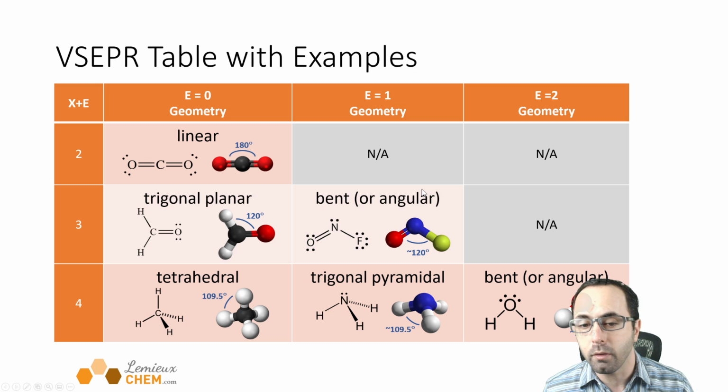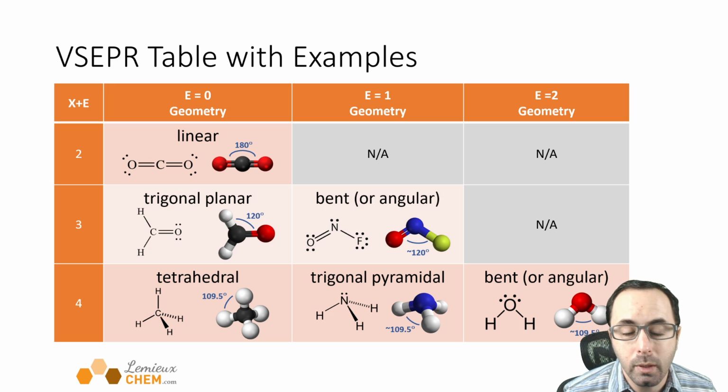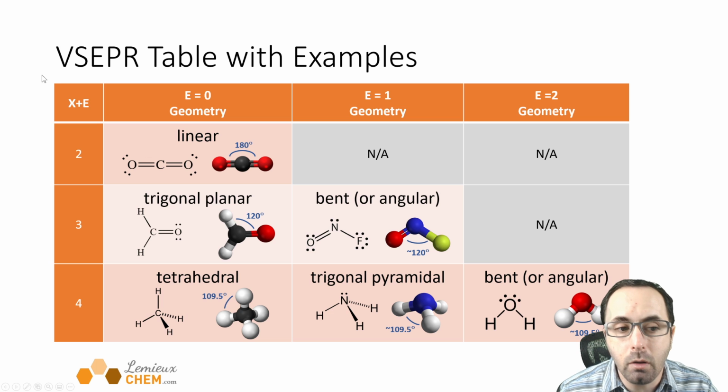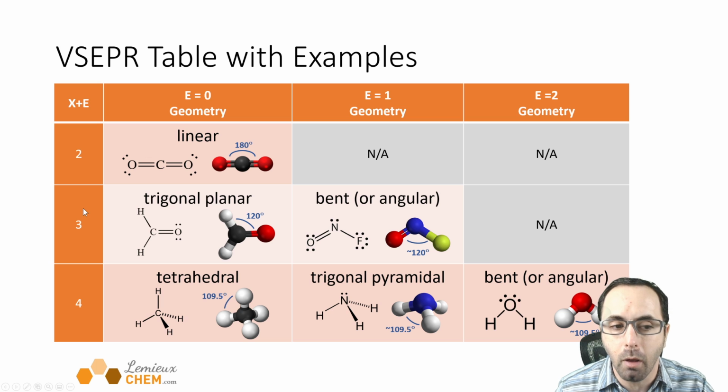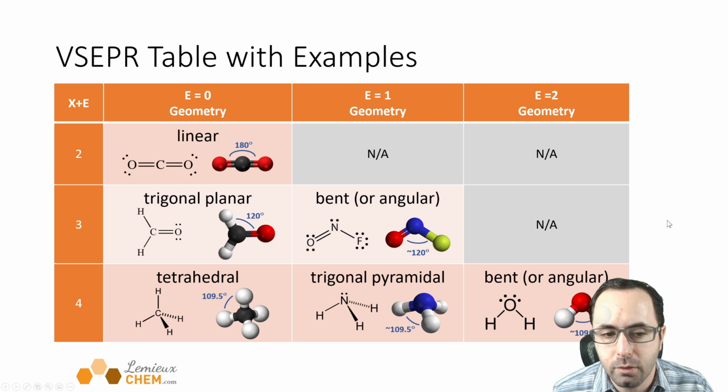But the results are here. We calculate X plus E, and the vertical column here represents X plus E. Remember, X is the number of atoms bonded to the center atom, and E is the number of lone pairs on the center atom. Then this is E, and the geometry is listed here. There are some funny names for these geometries, but here they are.